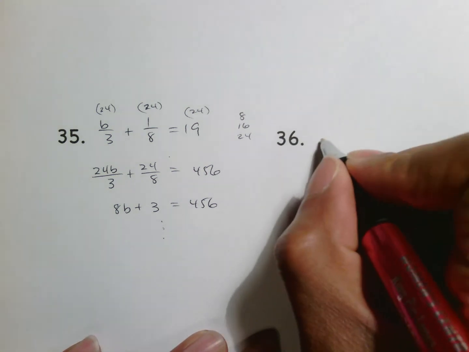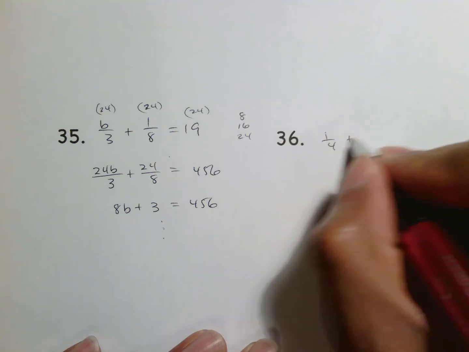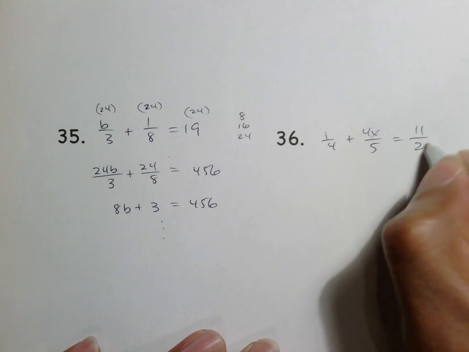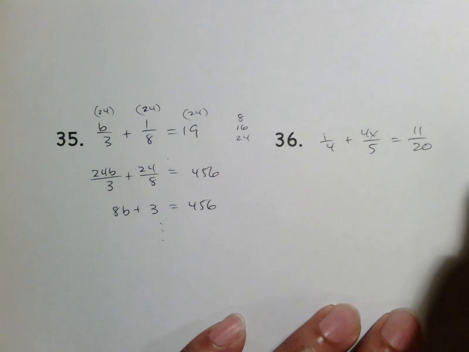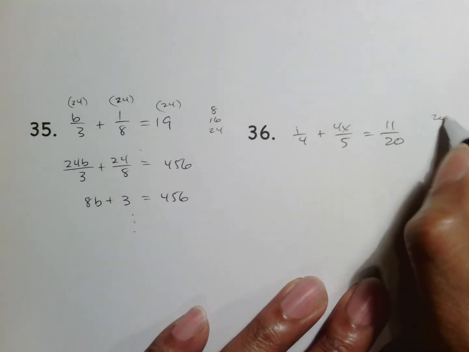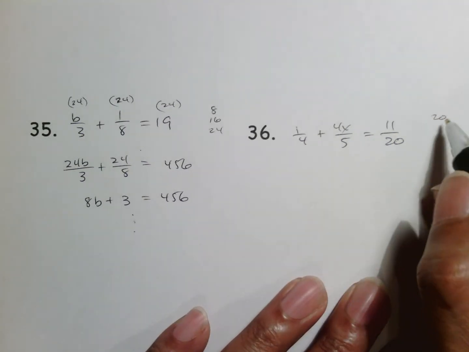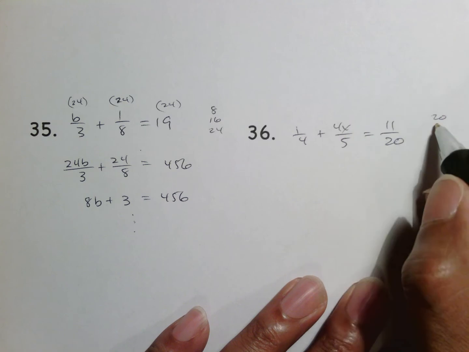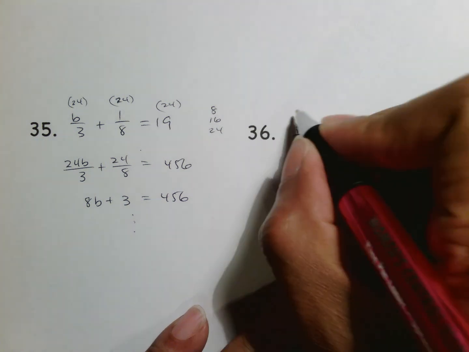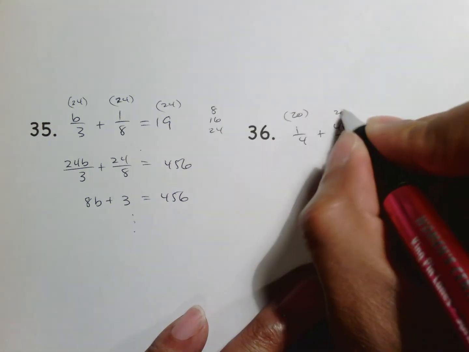And number 36 gives us 1/4 plus 4x over 5 equals 11 over 20. Here we have the situation where we have 3 numbers. Again, the best thing to do is just count by the biggest number until you find something everyone agrees with. 20 is the biggest number. 4 goes into 20. 5 also goes into 20, which means that in this case 20 is my number.